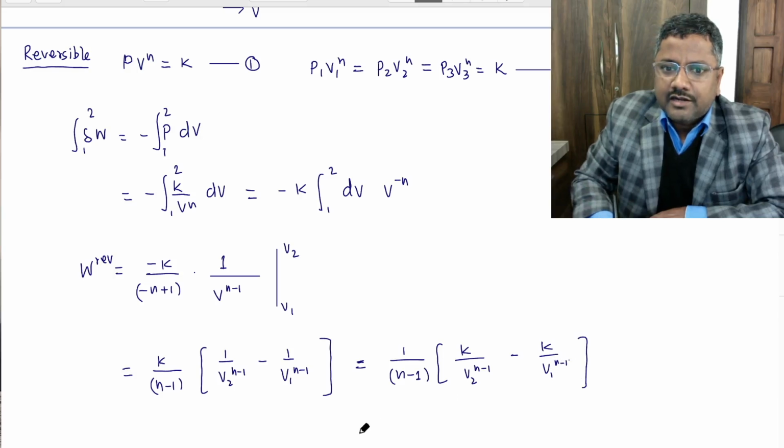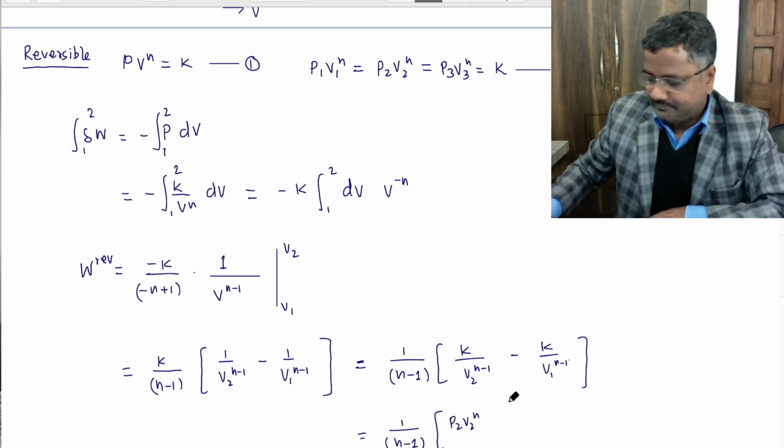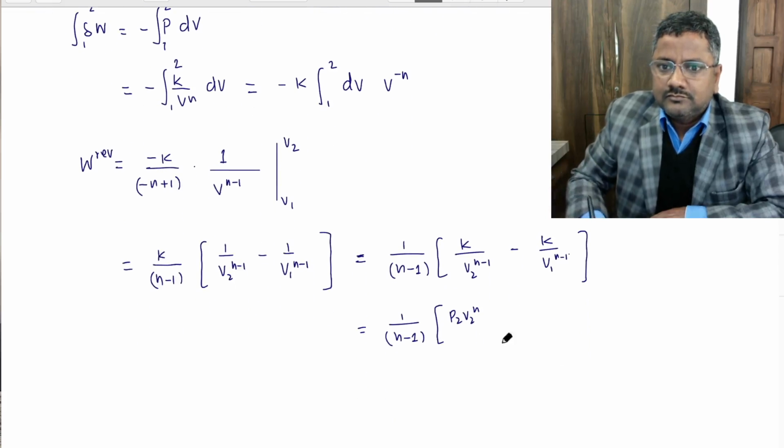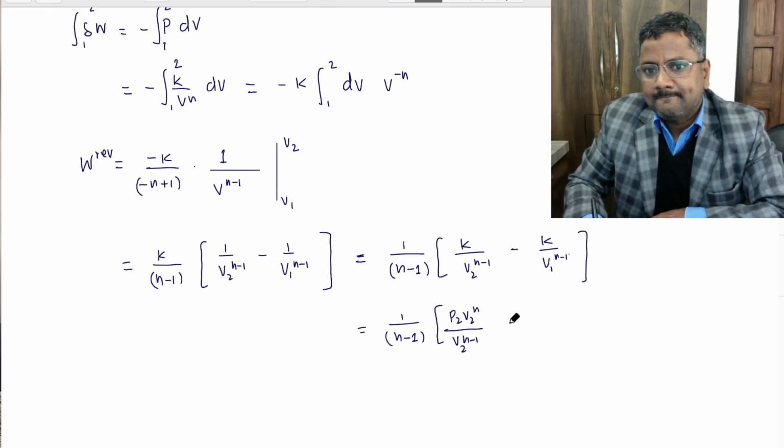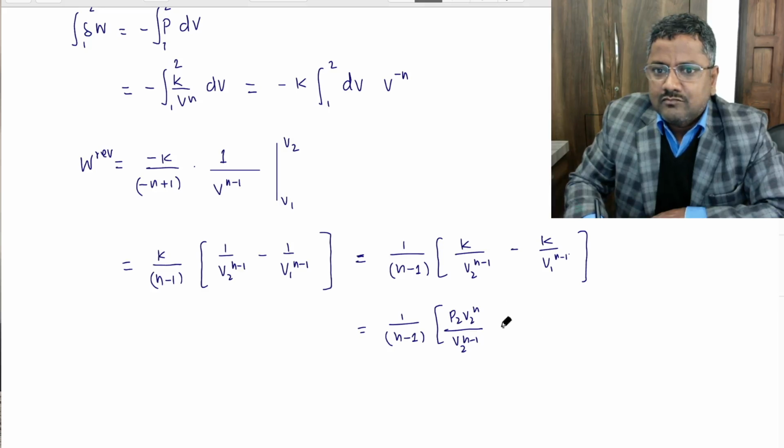So here we can write 1 by n minus 1 times P2 V2 to the power n by V2 to the power n minus 1 minus P1 V1 to the power n by V1 to the power n minus 1.